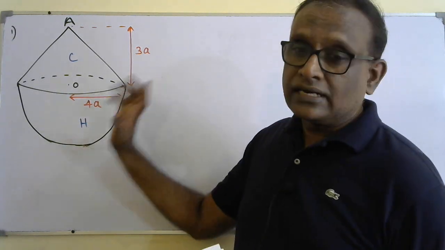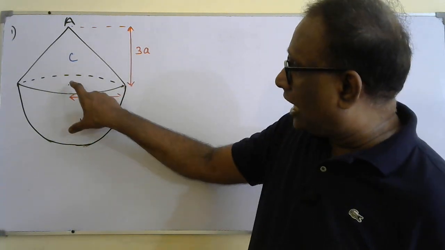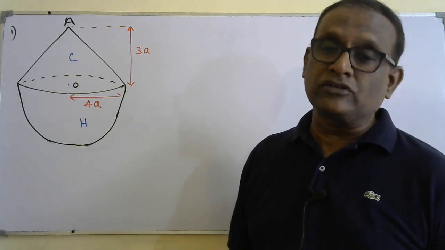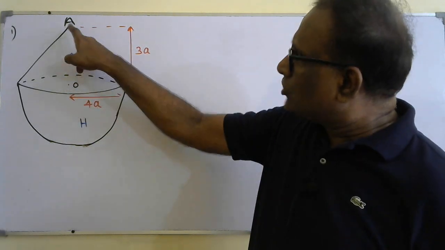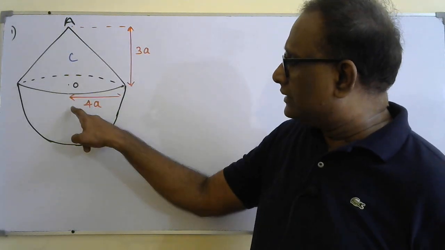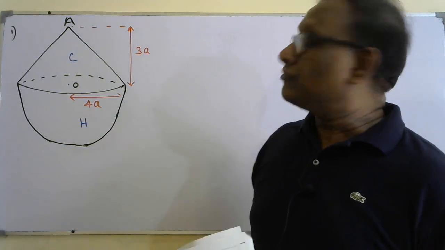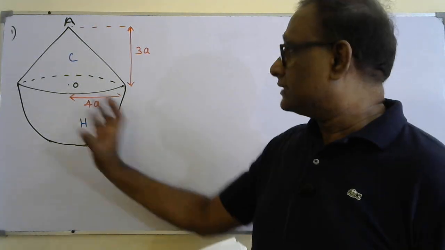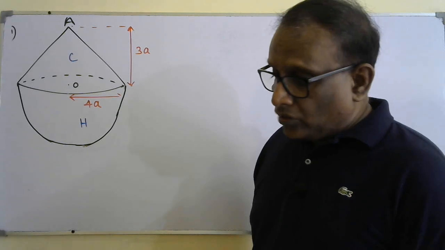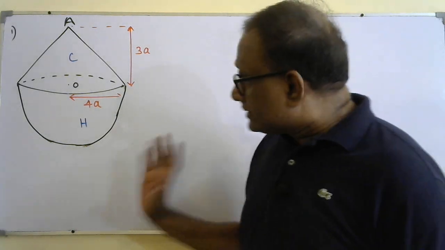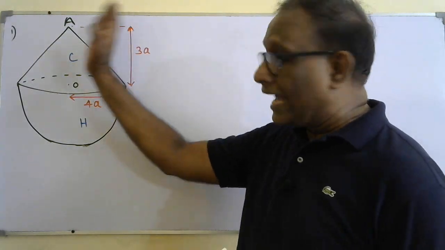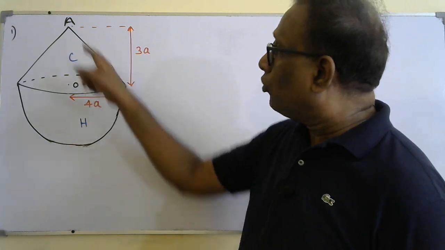The booklet says r by 2, half of the radius is the position of the center of mass from this base. So we can find from A the distance of the center of mass of the hemisphere shell, right?